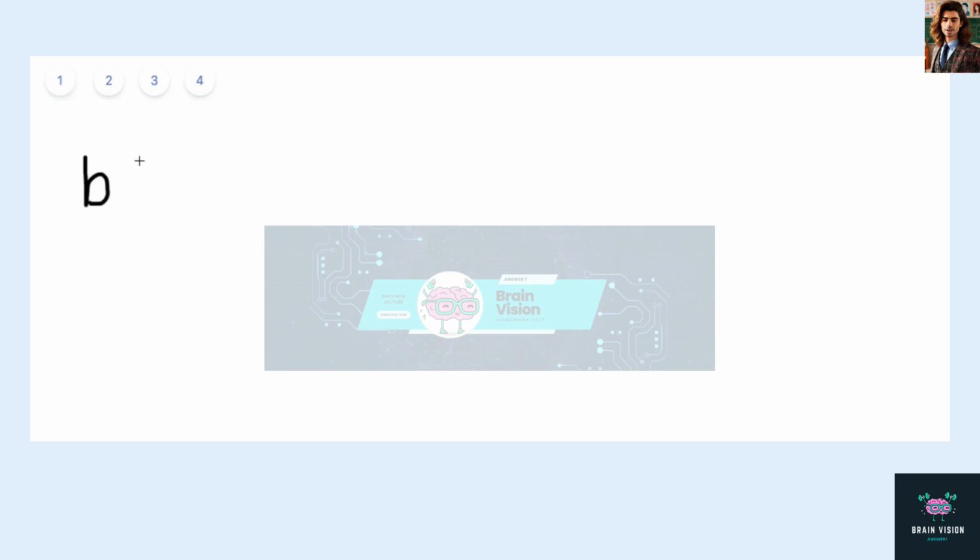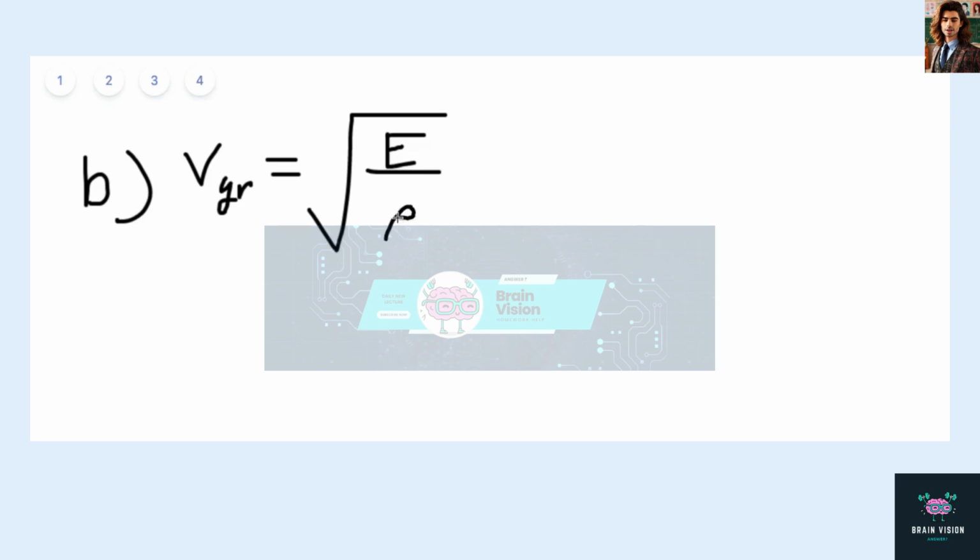For granite, you do the same thing, v_gr to denote granite, except you're looking for E, the elastic modulus. Rho is still the density.